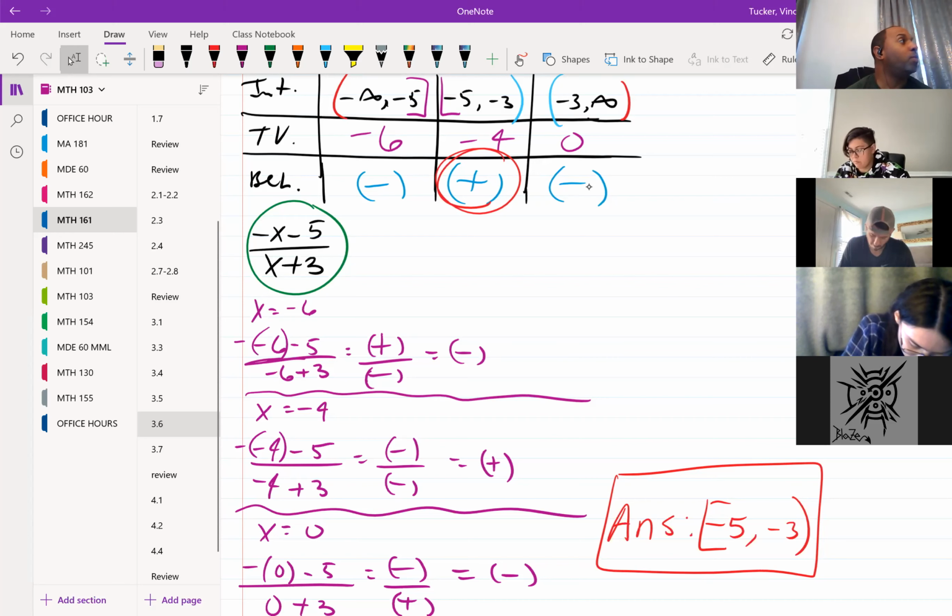So we want to know when is it greater than or equal to 0? And that would be for that middle interval of -5 to -3.